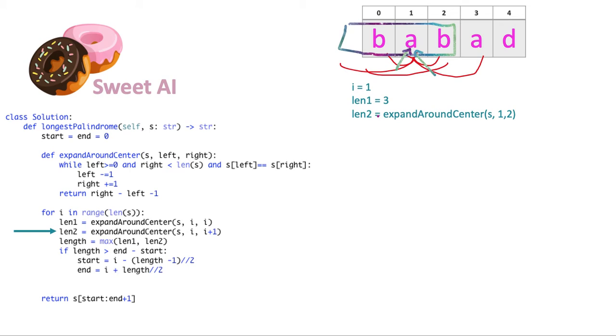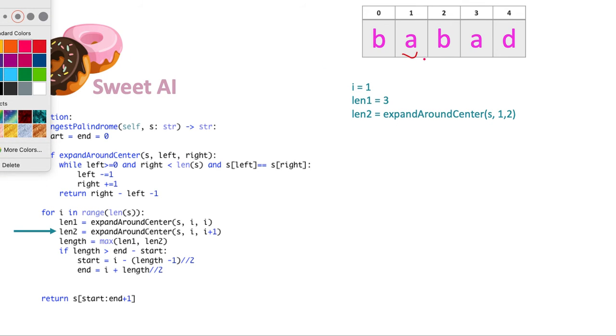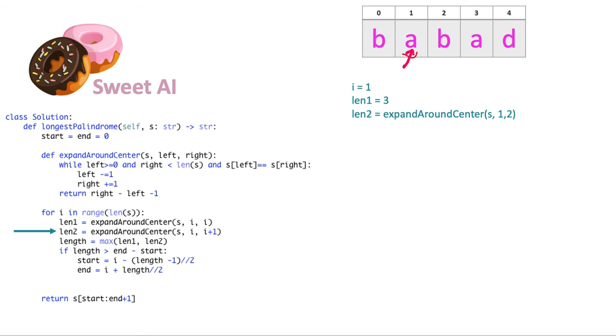And we're going to calculate length 2 when one pointer, let me change the color, is pointing at this one and this one. As you see here, it's going to be the second step, and it's going to be 0 because these are not palindromic, right?